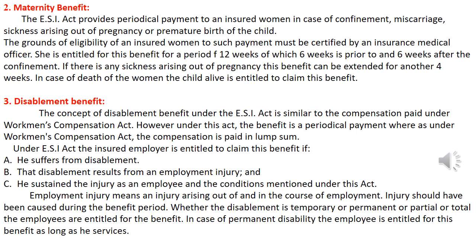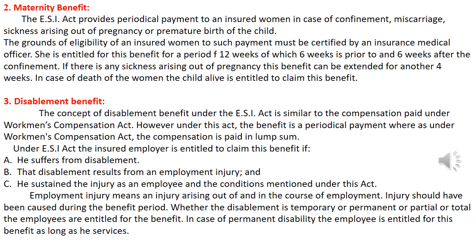She is entitled to this benefit for a period of 12 weeks, of which 6 weeks is prior to and 6 weeks after the confinement. If there is any sickness arising out of pregnancy, this benefit can be extended for another 4 weeks. In case of death of the woman, when the child is alive, the child will be entitled to claim this benefit.